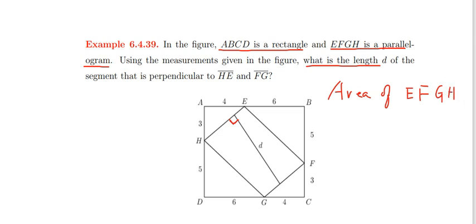We can denote this area, first, as base H multiplied by D, right? So this H, with sides 3 and 4, H is 5. So this equals 5D.